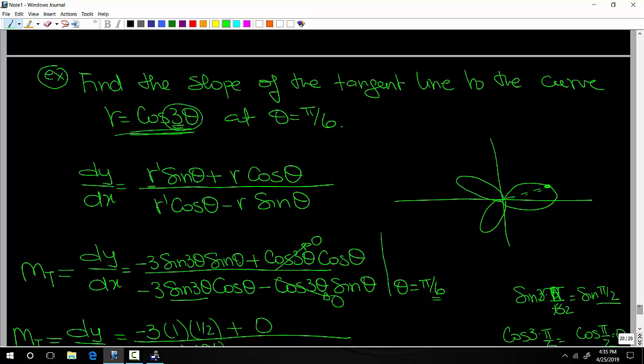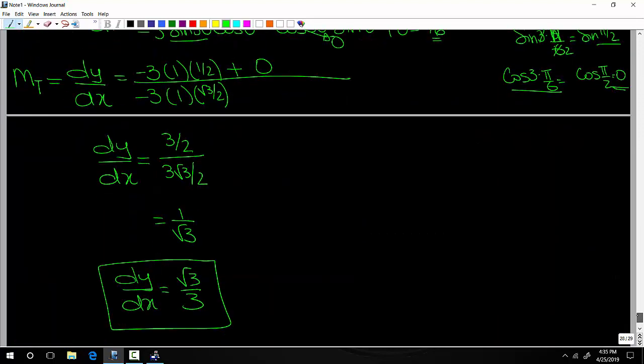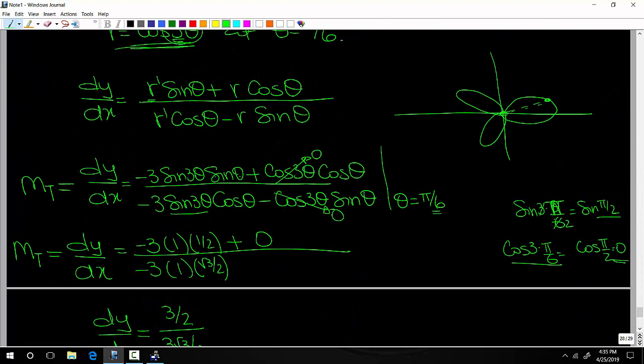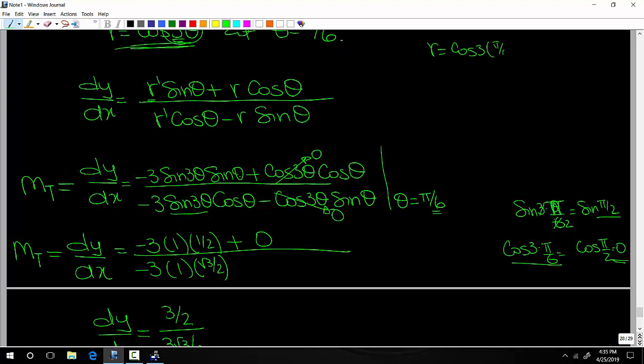So that's this point. So the picture I drew was completely wrong. So let me draw it nicely so you guys can see that. So imagine we have cosine of 3 pi over 6, which will be the equivalent to cosine of pi over 2, which is 0. So my point in polar coordinates is r is 0 and theta is pi over 6.